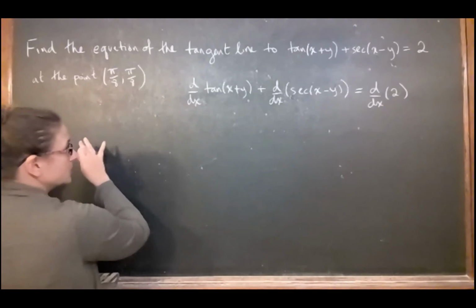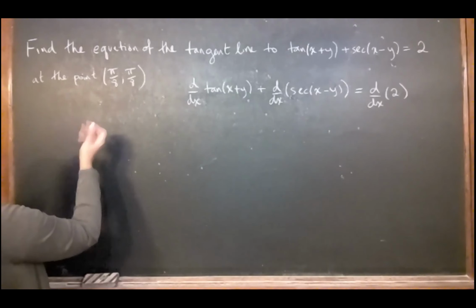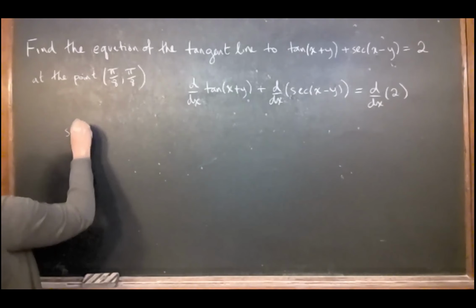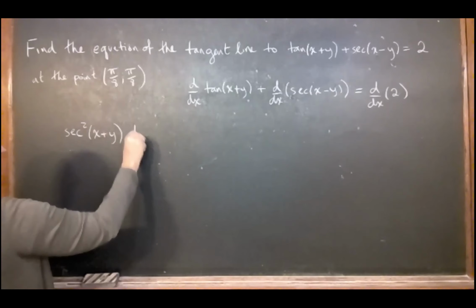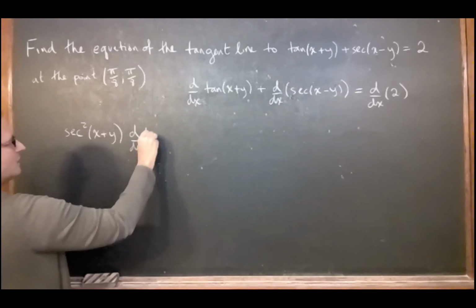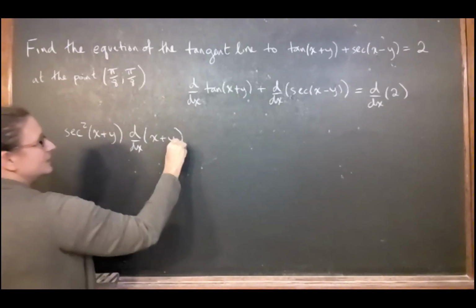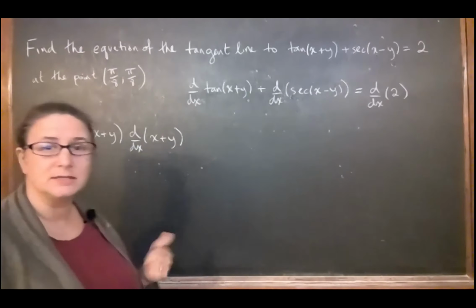I'm going to move it down here so that we can see everything. And of course, then we have both of these. We have to use the chain rule. So then I have the derivative of the x plus y. Now, the derivative of secant is secant tangent.